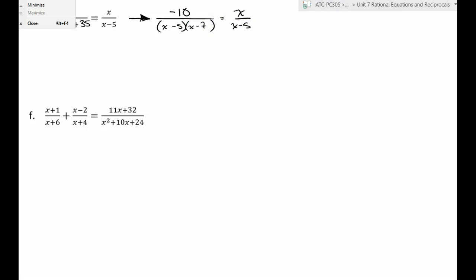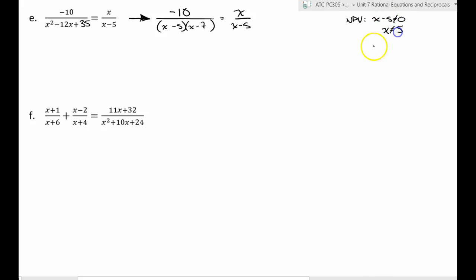So when we go to do our non-permissible values, again, we've got 2. We've got x minus 5 cannot be 0. So x cannot be 5. We also have x minus 7 cannot be 0. So x cannot be positive 7. Now luckily, when we see this denominator on the right-hand side, again, we've got an overlap.